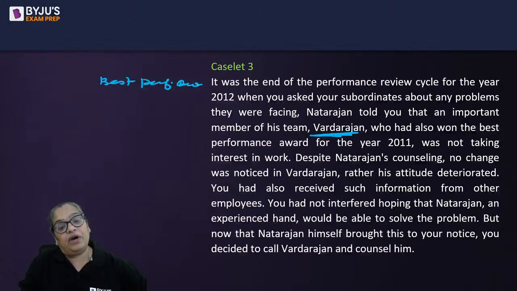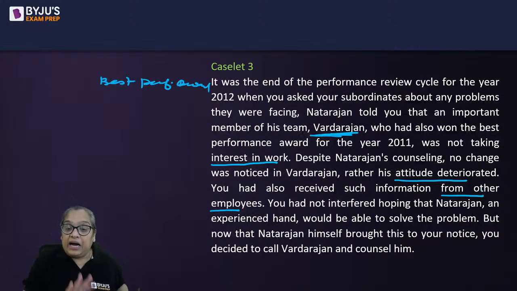But this year there is a complaint against him. What does Natarajan say? That no change was noticed. He was not taking any interest in work, and his lack of interest in work only deteriorated. And it is not just him, you were receiving such information from other employees as well.